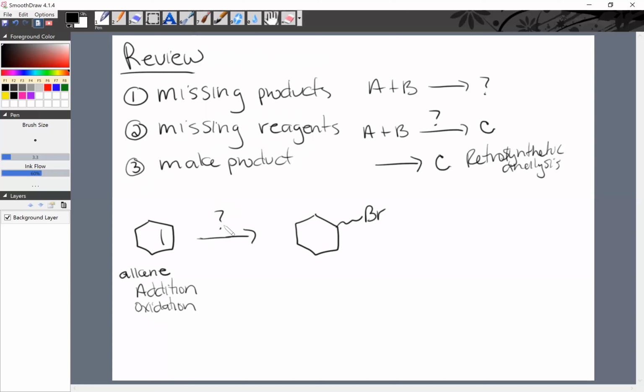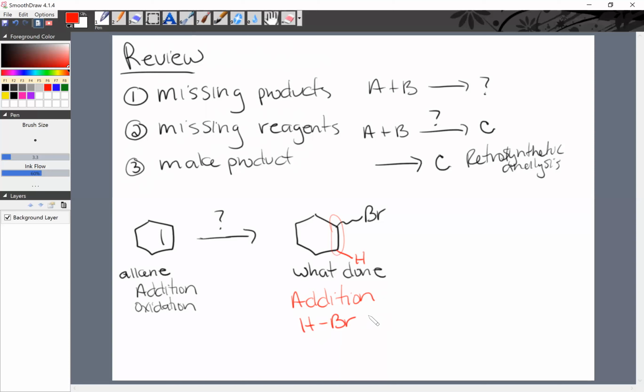Now, I didn't tell you the conditions, so I need to go over here. And I need to ask, what did I do? What was done to it? And if you'll notice, the alkene is missing and two things were put in its place. So this was addition. And I can go one step further and say what was added? H and Br.